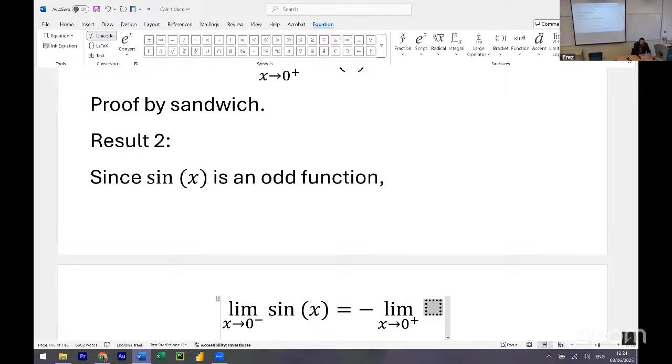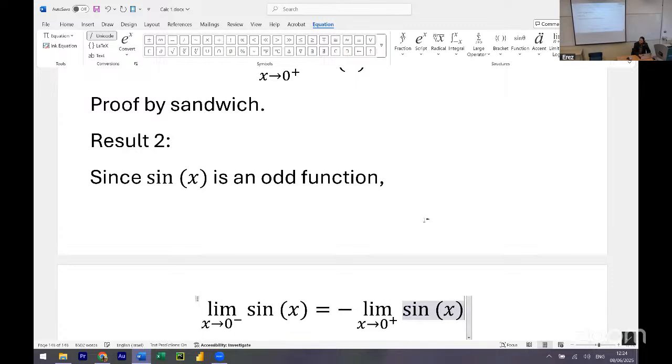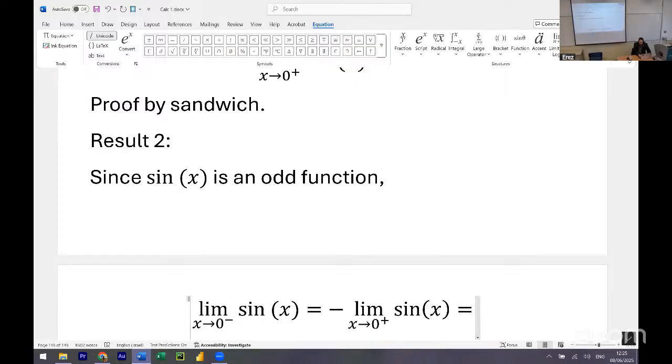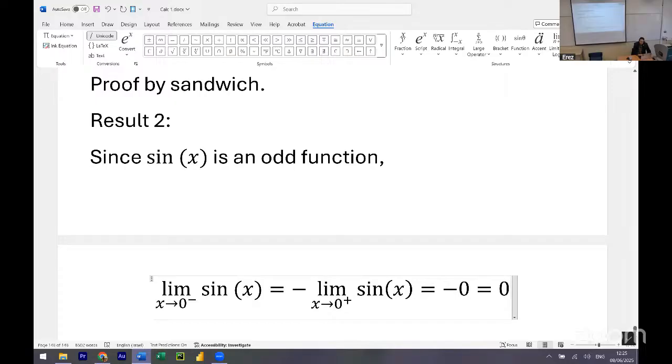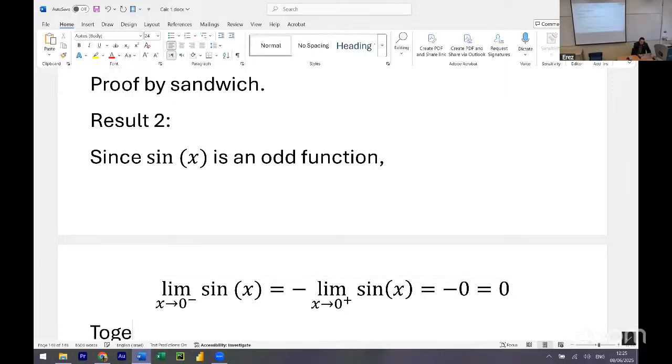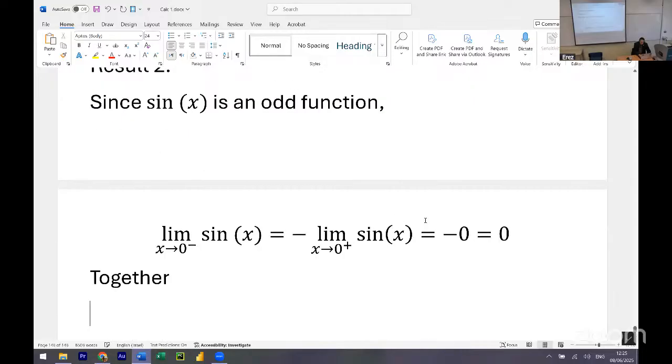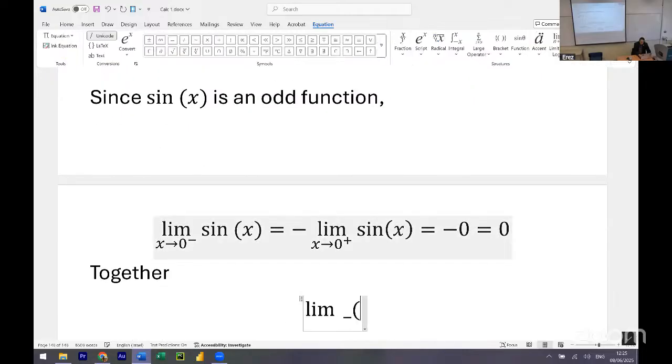I never proved that as a general theorem, but that's like an exercise type of theorem. And that's minus 0, which is 0. So together, the two-sided limit of sine of x at 0 is 0.